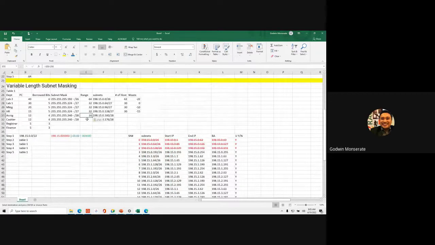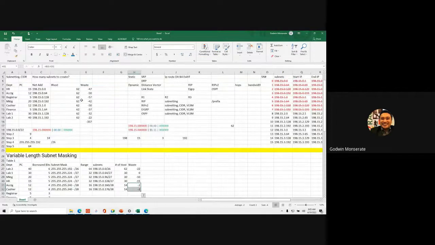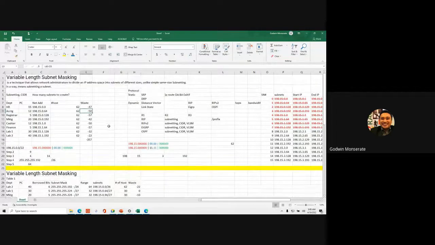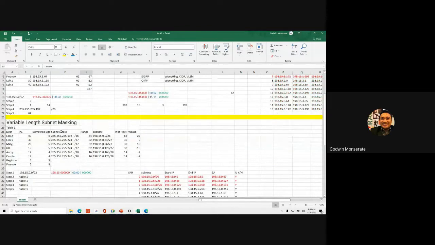Let's copy this. 14 is our number of hosts. Let's copy this. We only wasted 2. Accounting, we wasted 50. Look at that. If you are contented with plain subnetting, you waste a lot. But with a variable length subnet mask, you only waste 2.